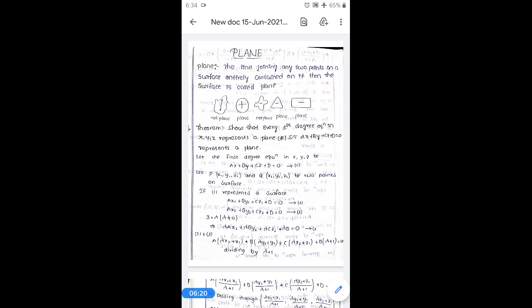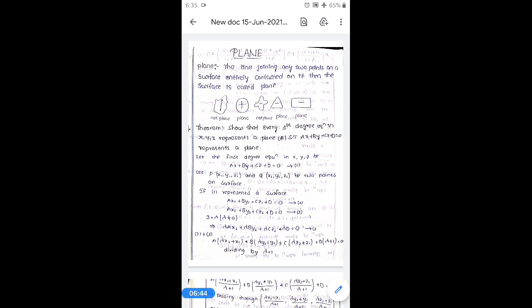By hypothesis, P and Q lie on the surface represented by 1. So P lies on 1 implies Ax1 plus By1 plus Cz1 plus D is equal to 0. Call it 2. Q(x2, y2, z2) also lies on the surface 1.